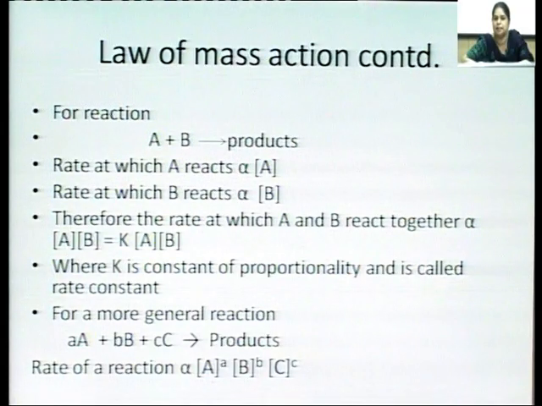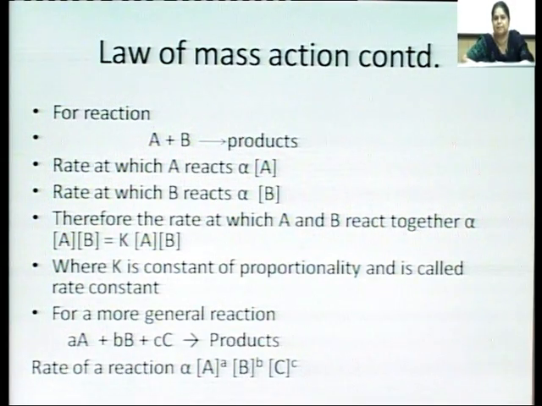So, we can assume that no reaction is taking place, but actually this is not the case. At equilibrium, both the reactions, forward as well as backward, are taking place, but at the same rate.